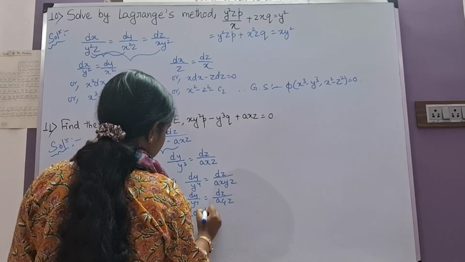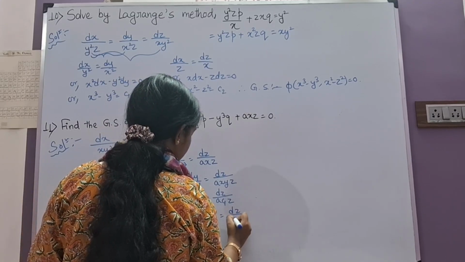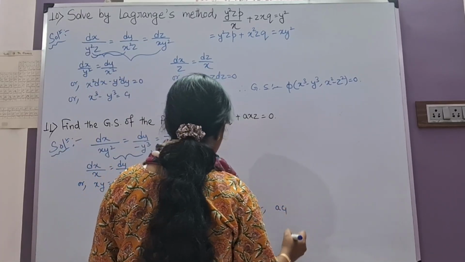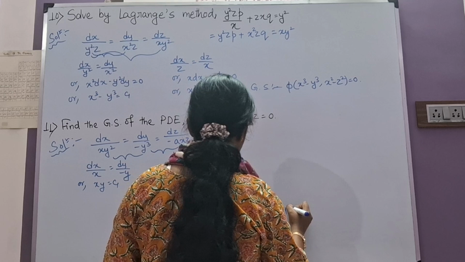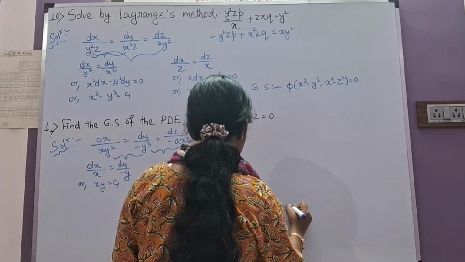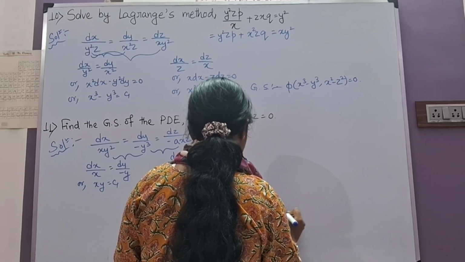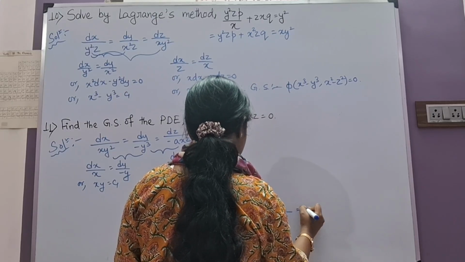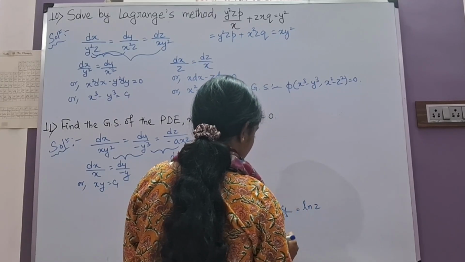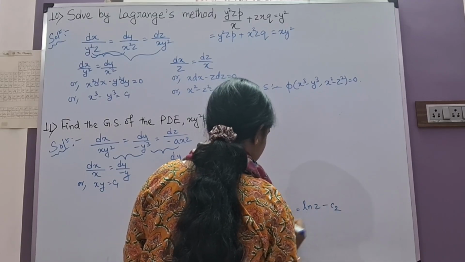So ac1 dy by y to the power 4 equal to dz by z, or ac1, this is y to the power minus 4, so it will be minus 3 by y to the power 3 equal to log z plus c2 or minus c2.